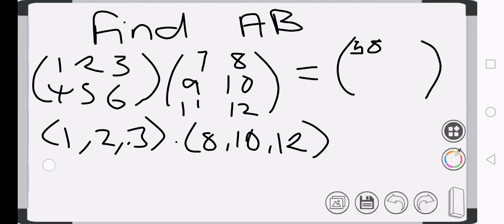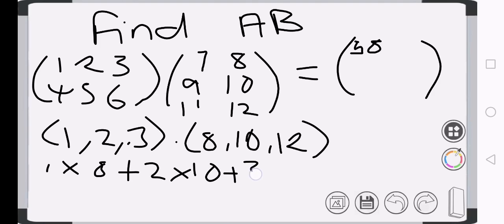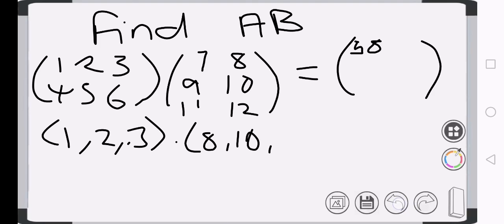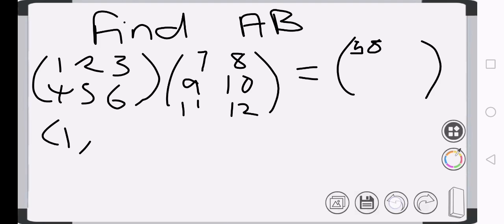So it will be equal to 1 times 8 plus 2 times 10 plus 3 times 12. The total is going to give us 64 on a calculator. You should go through this and you'll be able to prove this by yourselves. Don't forget to be so accurate, and don't forget to be taking your time. So 64.